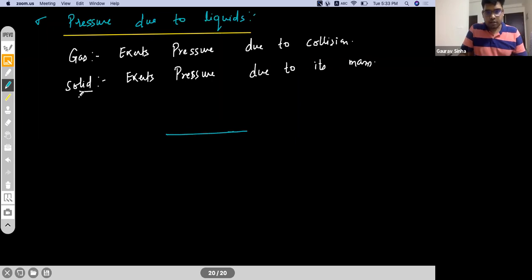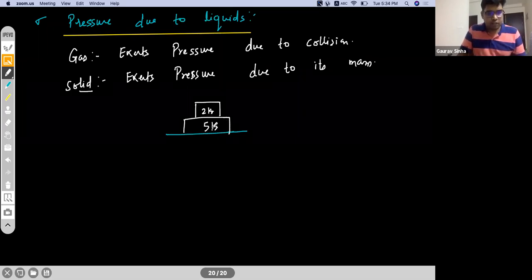Suppose you have a table here, and on this table you place a block of certain mass like this. Suppose this is 5 kg, and if there is a 2 kg mass here, the weight component of this mass of 5 plus 2, 7 kg, that is mg.